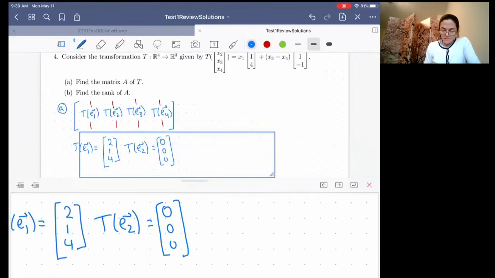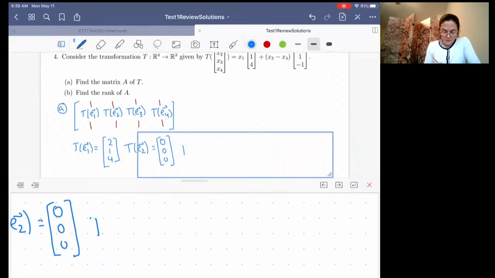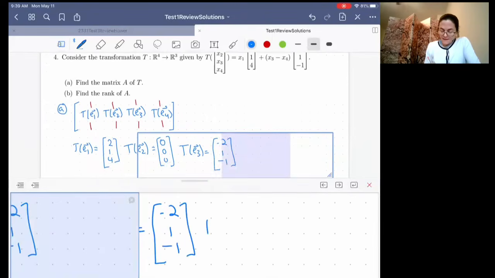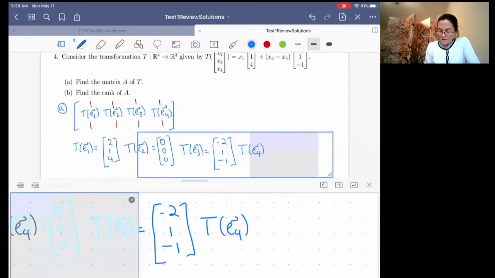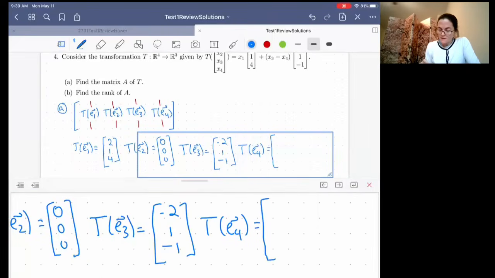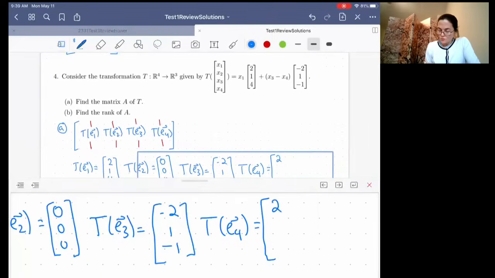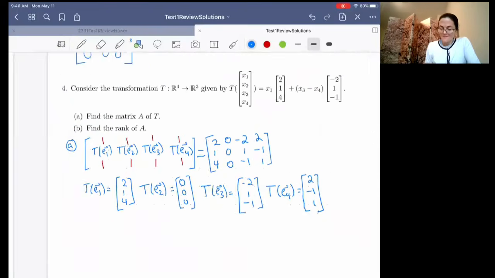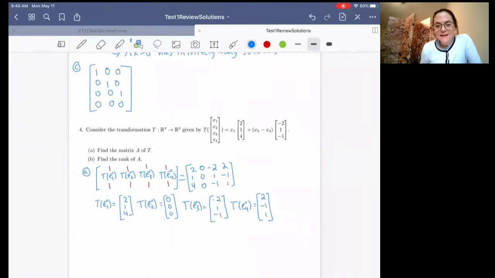And finally, we have 2 more, don't we? T of E3. This is -2, 1, -1. And finally, T of E4, this has a 1 in the fourth component, zeros everywhere else. It's going to be 2, -1, and 1. So now we see our matrix. This is part A, the matrix for the transformation.